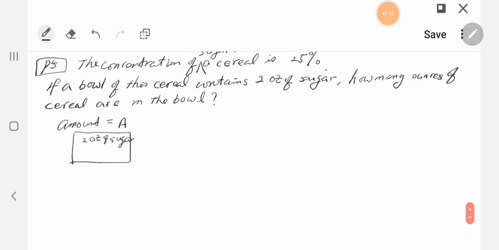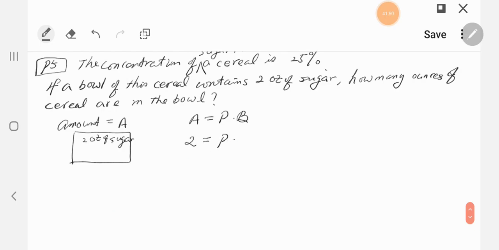So let's write an equation. The amount is equal to the percent times the base. The amount of sugar is 2 ounces.